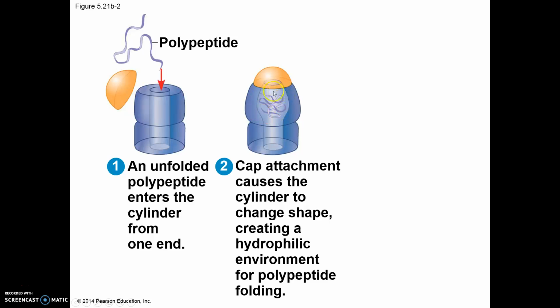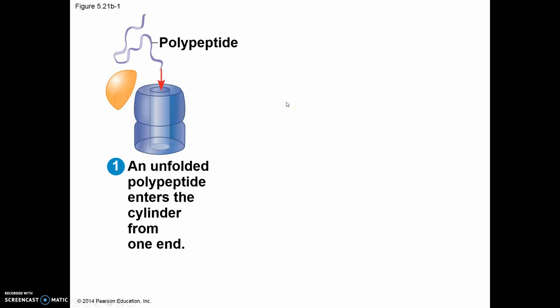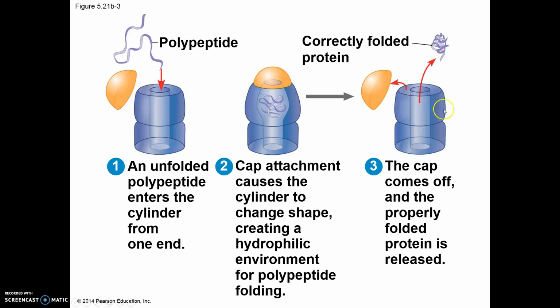In this scenario, you have a single protein trapped inside of this chamber. So you don't have the scrambled egg problem of multiple proteins trying to fold on top of each other. Here, we just have a single protein separated from everything else trying to refold. That is much more achievable, okay? And we can actually end up with a properly refolded protein, which can then be released into the environment.